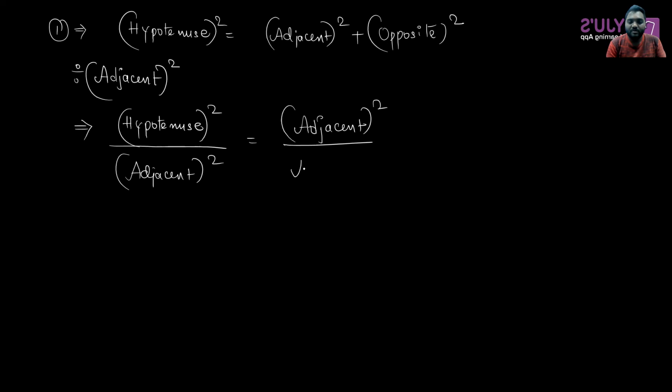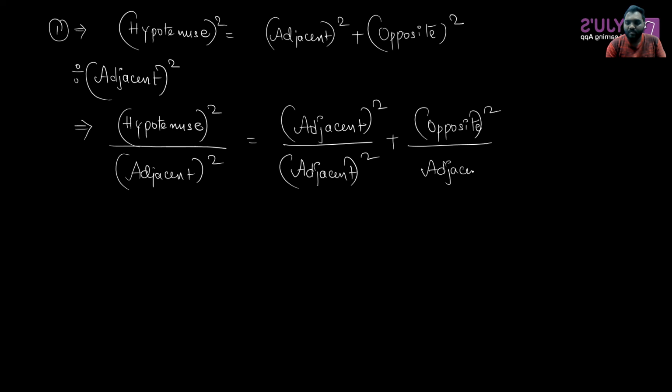adjacent square divided with the same adjacent square again, plus opposite square divided with again adjacent square.